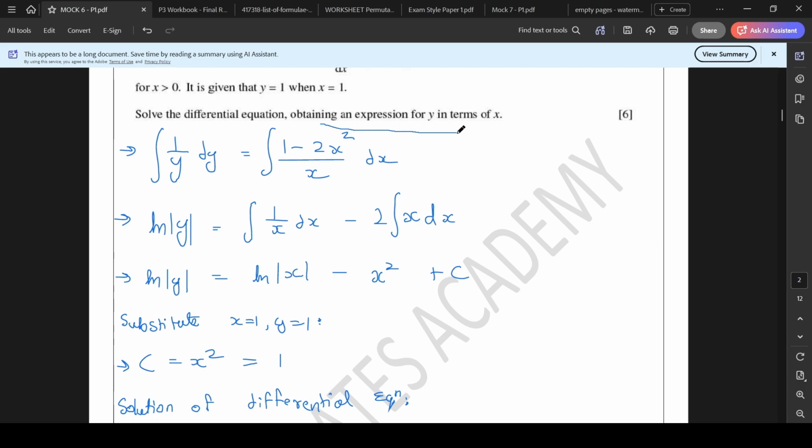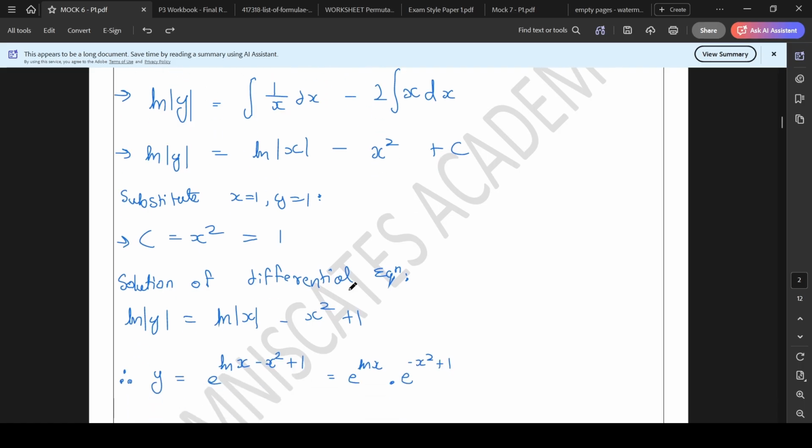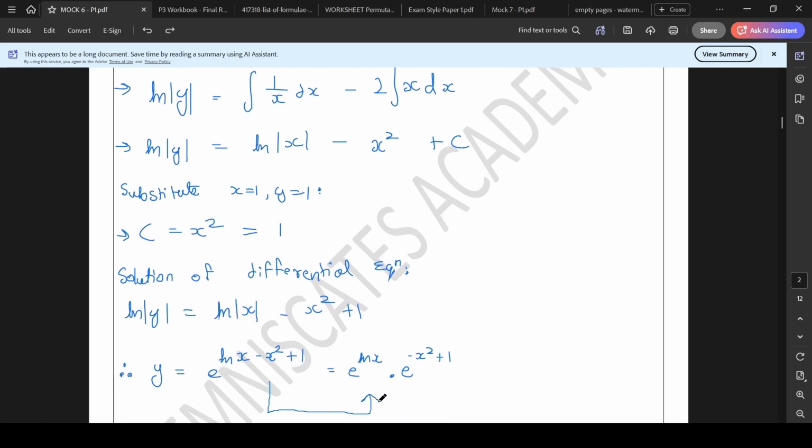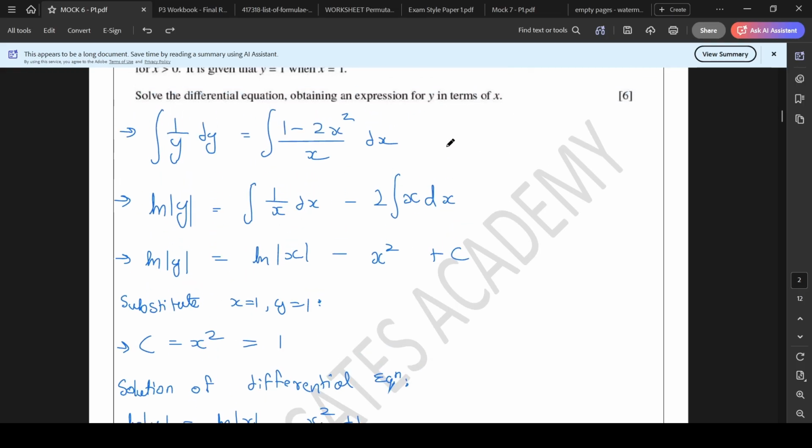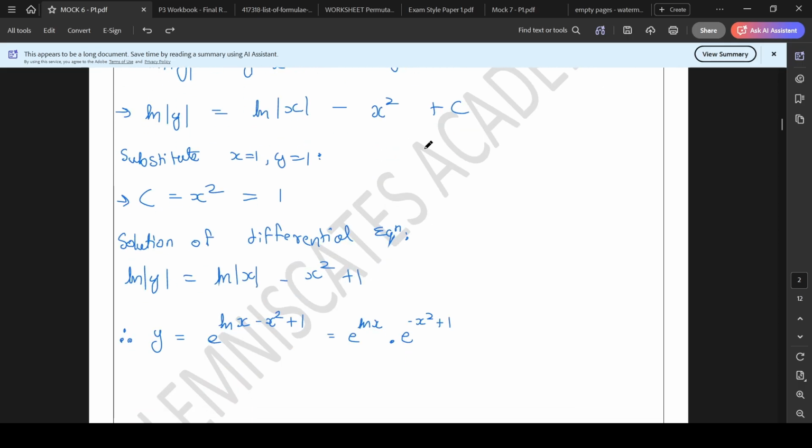But even when it's not mentioned, it is a good practice to simplify as much as possible so that later, when the question demands it, you are not clueless about how to simplify it further. That is why I always recommend that you simplify, even if it's not mentioned in the question, at least during your practice. In the examination, you can leave your answer over here if you like, but I recommend that you always simplify as much as possible.